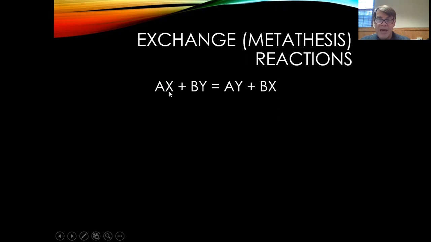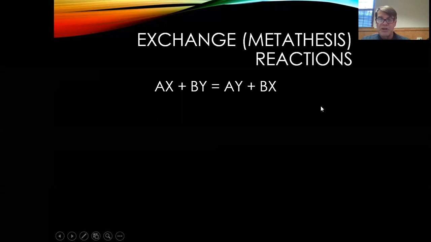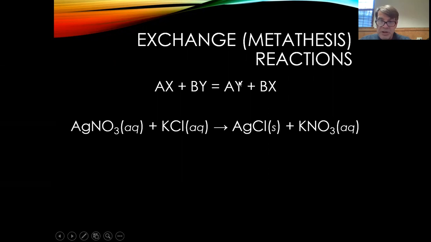So the A came into the dance with X, but A is leaving the dance with Y. And B came into the dance with Y, but B is leaving the dance with X. So we swing your partner round and round. We exchange the partners.